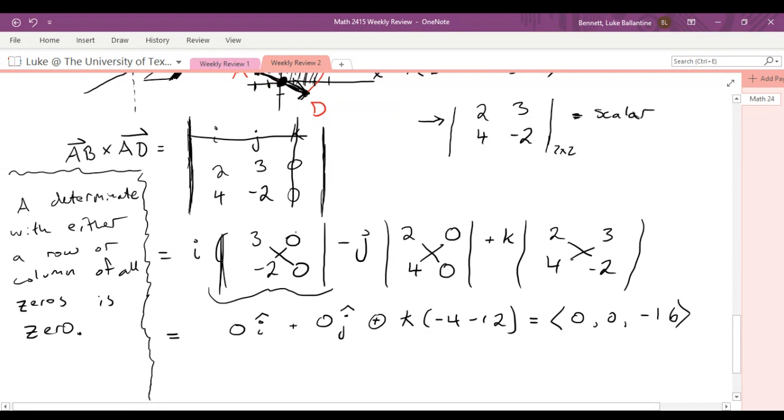Notice what happened right here. We had an entire column of all zeros, so the determinant is going to be 0 automatically. We just know that.